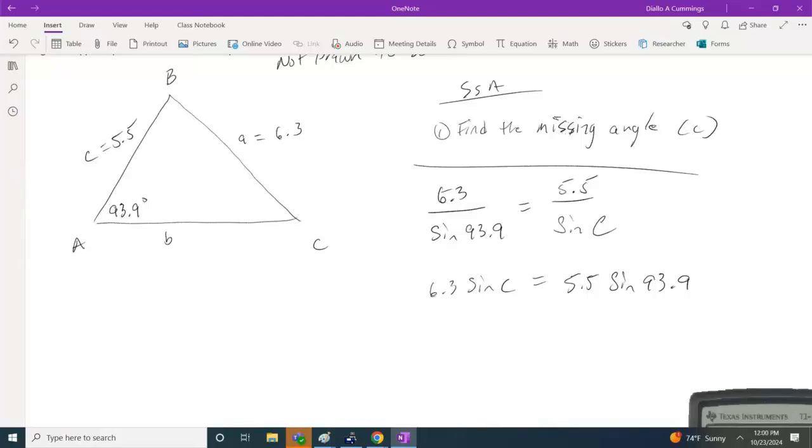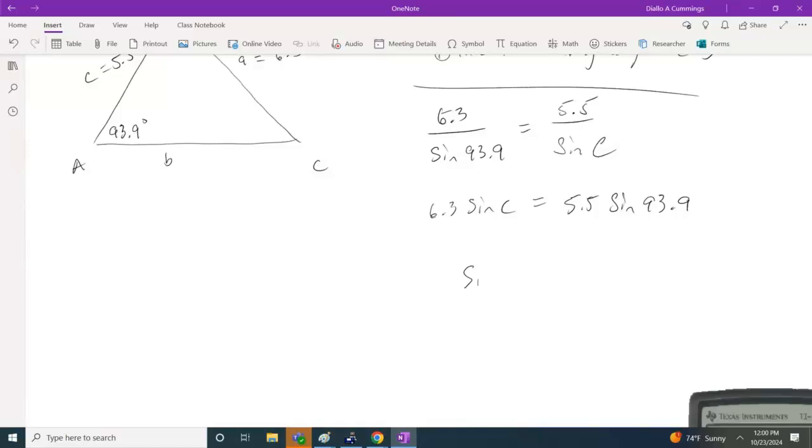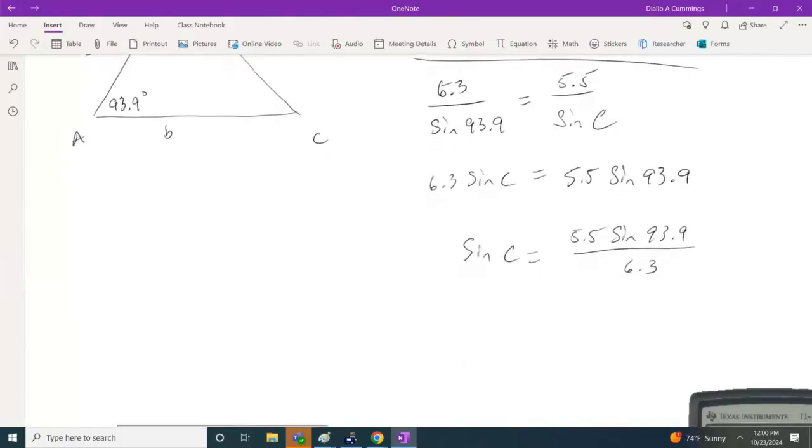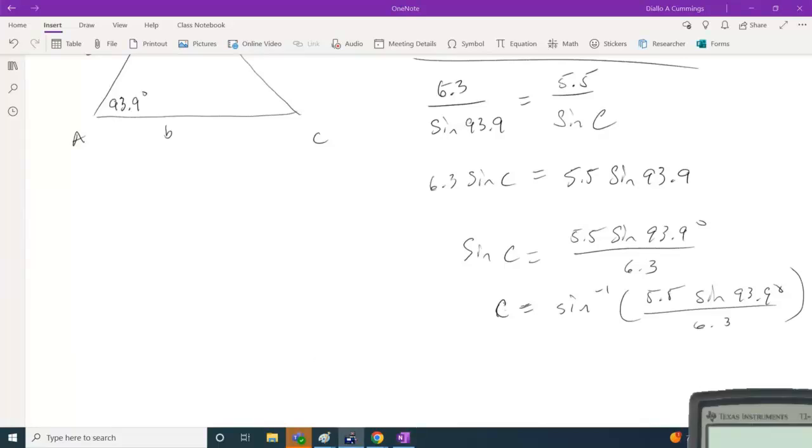The first thing I'm going to do is isolate the sine of C, so I'm going to divide both sides by 6.3. If we take the arc sine of both sides, C is going to equal the arc sine of 5.5 times the sine of 93.9 divided by 6.3.